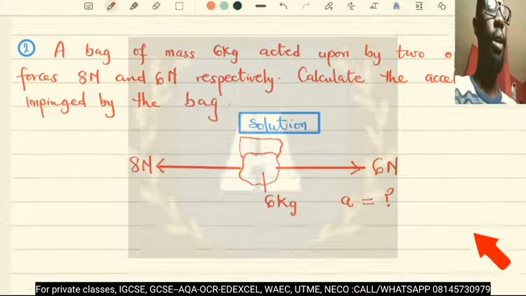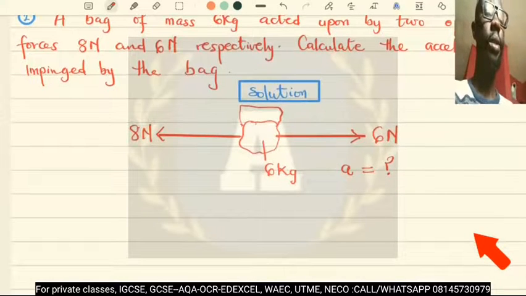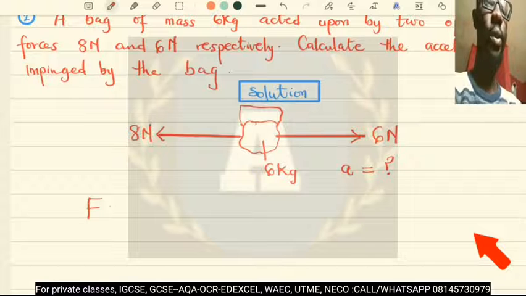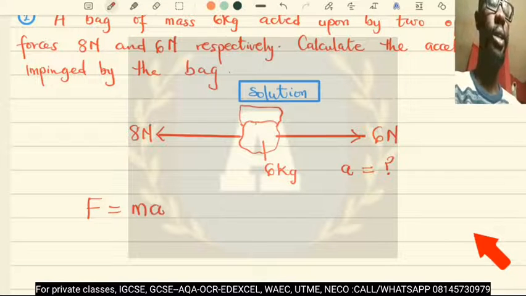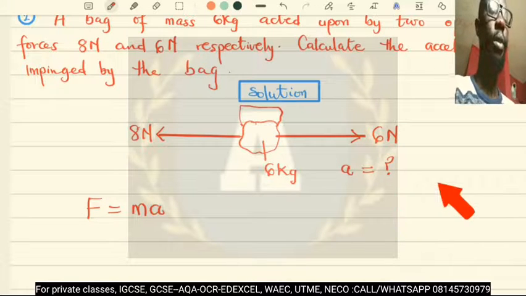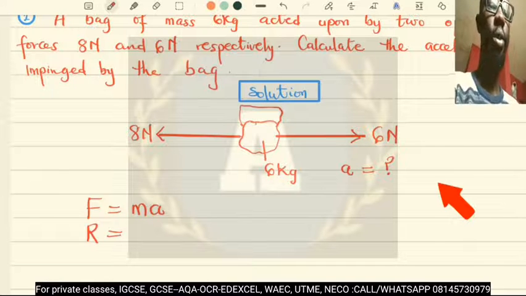Now we should always remember that the two forces are acting in opposite directions, and we have a formula which says force is equal to the product of mass and acceleration. But here our force will represent the resultant force, R, so we are going to write this formula as resultant force equals m a.